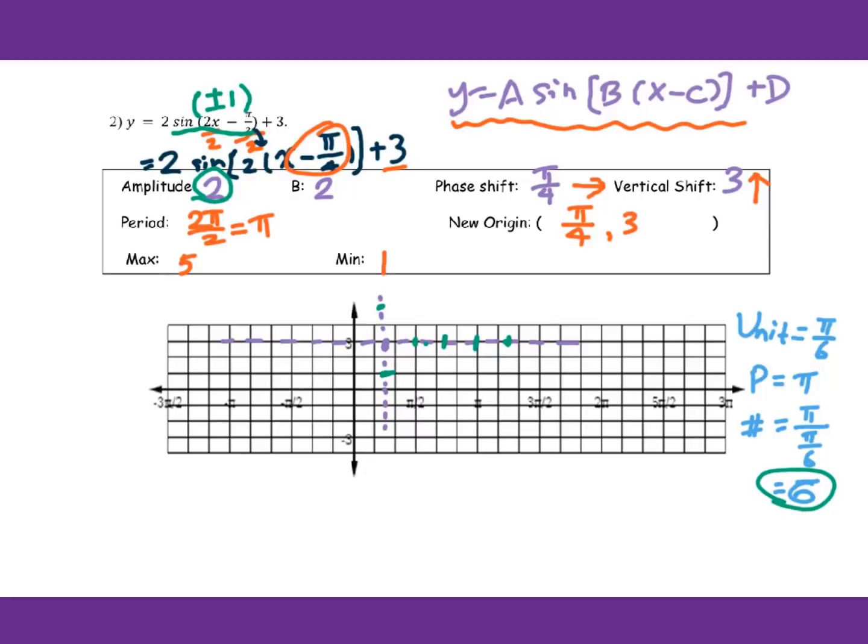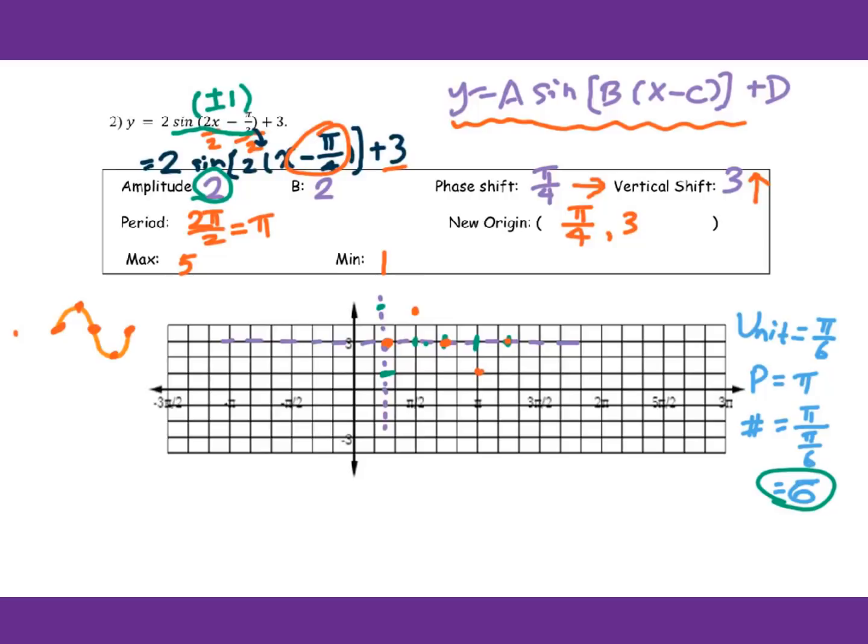Then we need to check the pattern for this positive sine function. That will be this pattern. We need 5 points. 1, 2, 3, 4, 5. So get started from the origin, the new origin. That's 1, 2, 3, 4, 5.